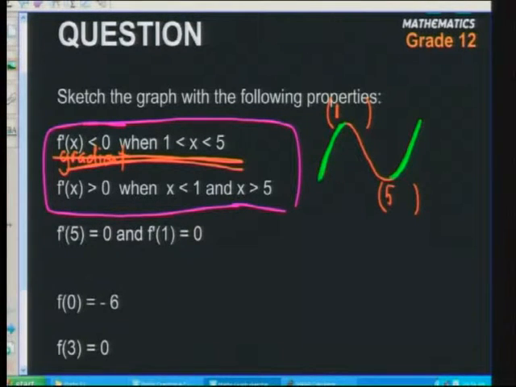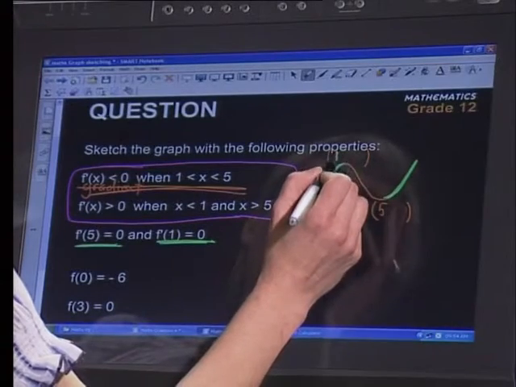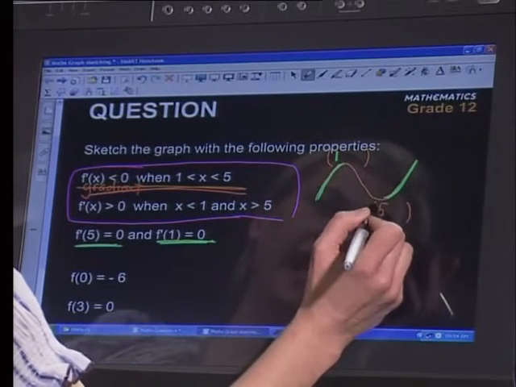Now it tells me f dash of 5 is 0 and f dash of 1 is 0. That means that the graph has turning points at 1 and 5, because the places where the gradients are 0 will be the places where we've got the turning points. So which means x is 1, I don't know what the y value is, and x is 5.